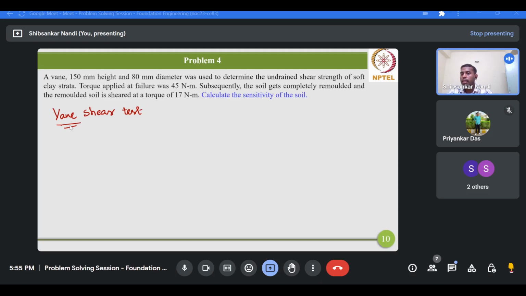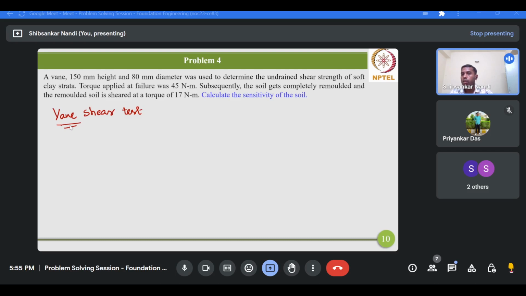Now getting this undisturbed soil sample is very difficult in case of soft sensitive clay, very soft clay. Whenever you try to extract the sample from the field, there is a high chance that the sample will be disturbed. So if you still use the sample in the laboratory for determining the shear strength parameters, you will end up with erroneous results.